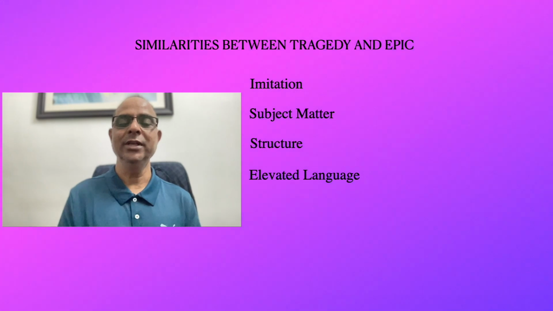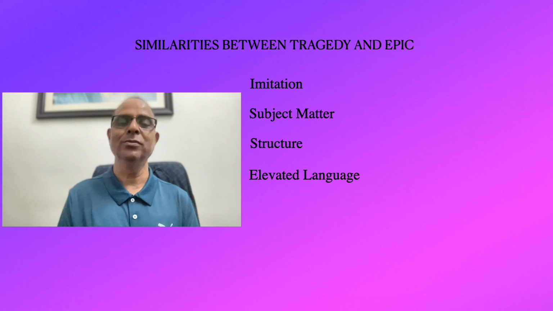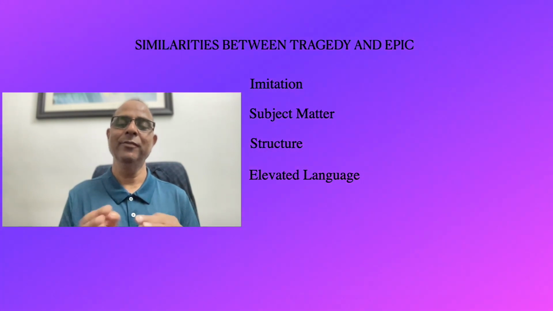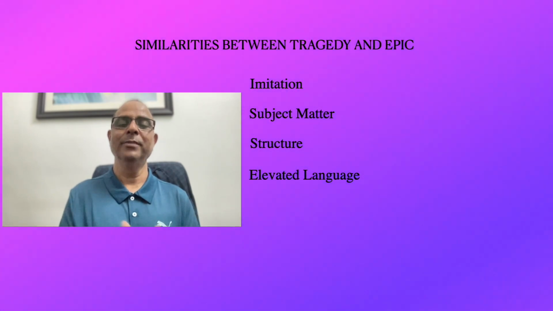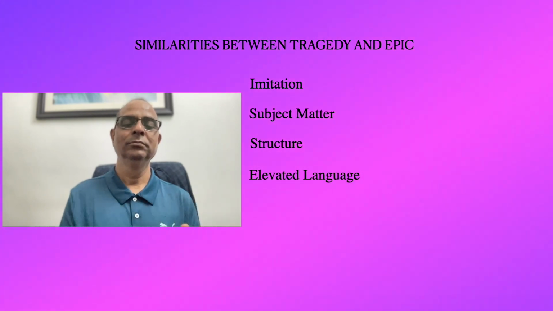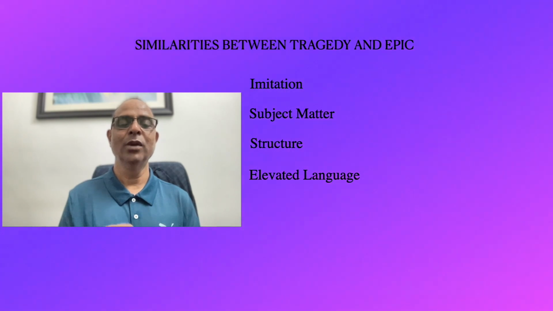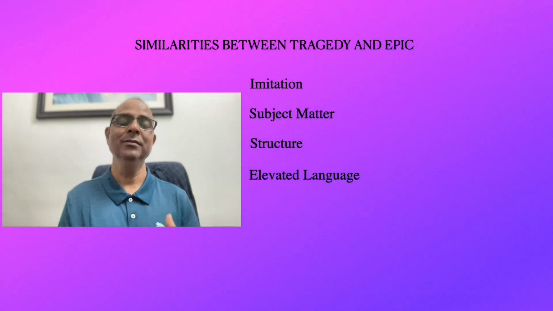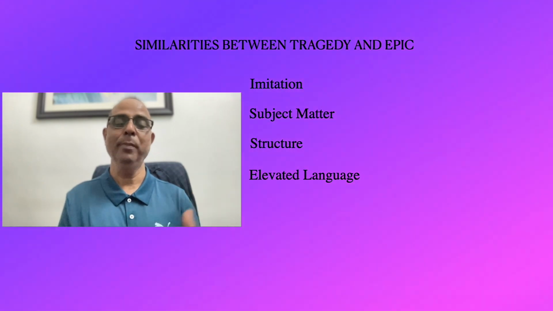So the language is best suited to the character, to the situation, and to the position of the characters in tragedy and epics. So there is a kind of coherence not only in terms of structure or action, but also in terms of use of language, which is appropriate to the characters who play major parts.